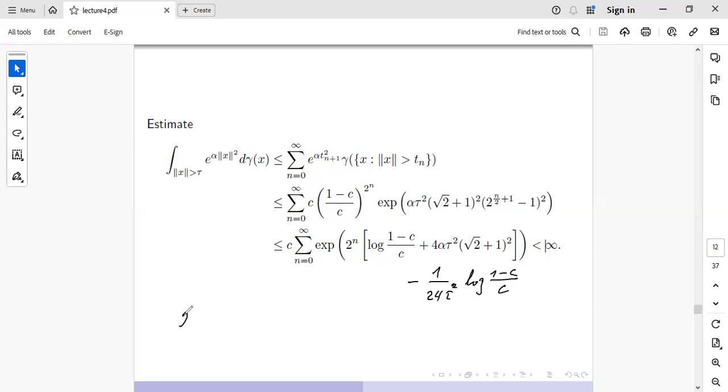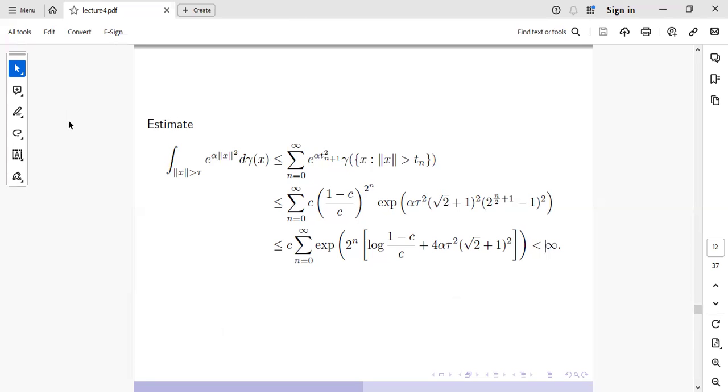Under the exponent, we have 2 to the power n log (1 minus C) over C, times (1 minus, say, root of 2 plus 1 squared, I believe, over 6). And now the value in brackets is positive, and the logarithm is negative. So we obtain a convergent expression.